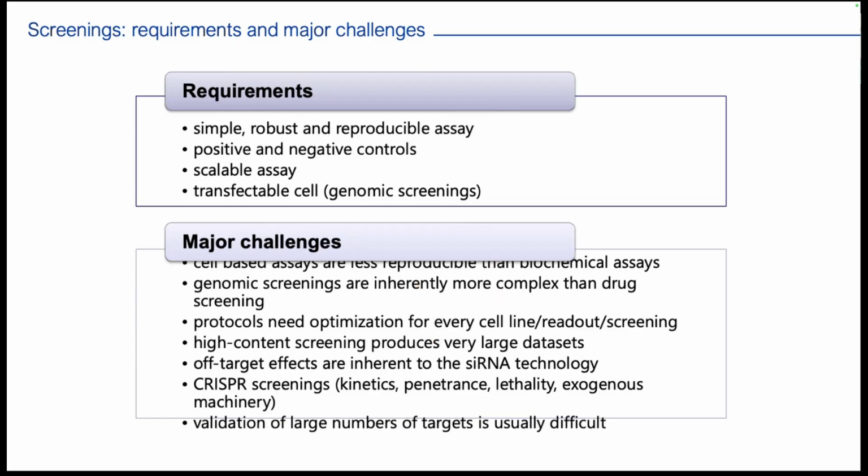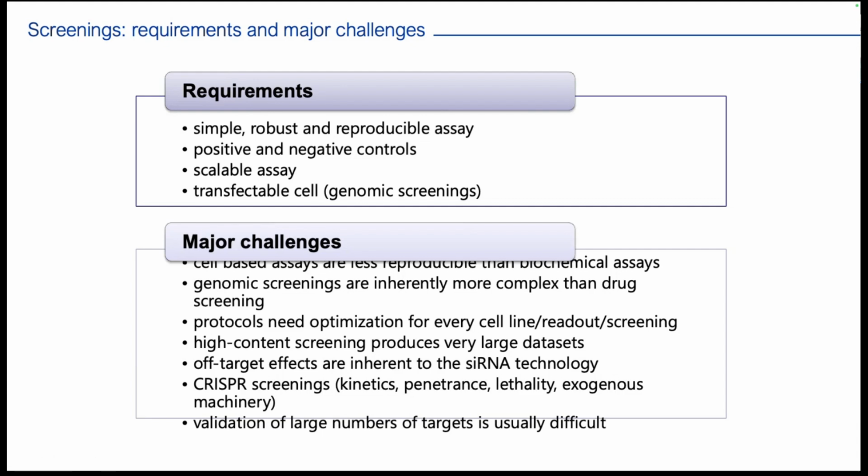So it's not that because we have done one screen, we can use the same assay for other cells or for other types of readouts. Of course, some things will be the same, but we need to optimize every time. If you consider microscopy screenings, we also have to consider the large data sets that will be generated.